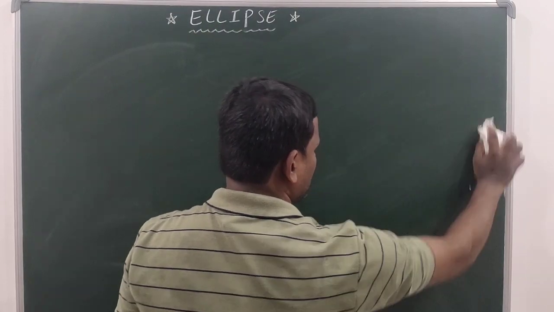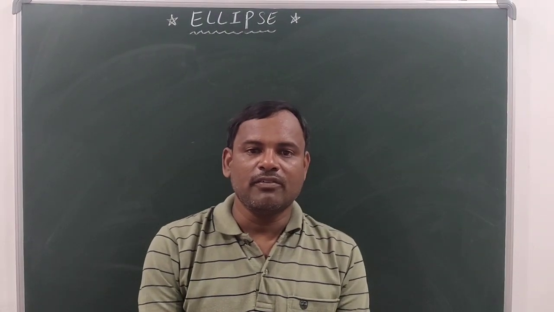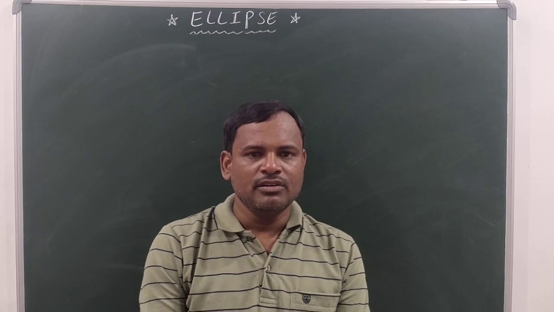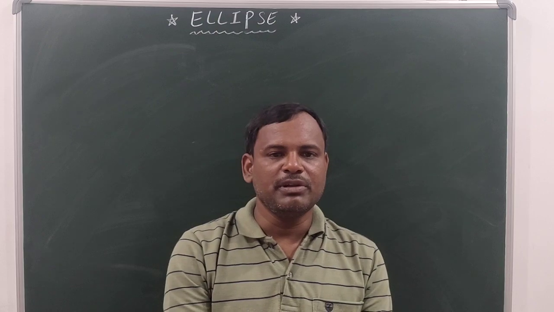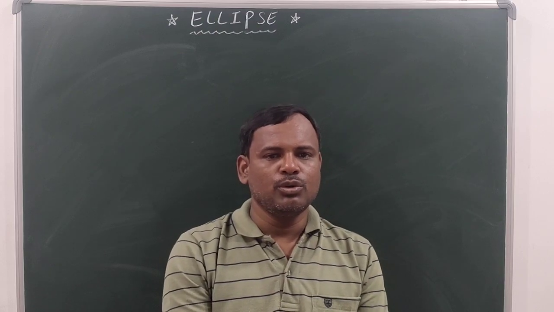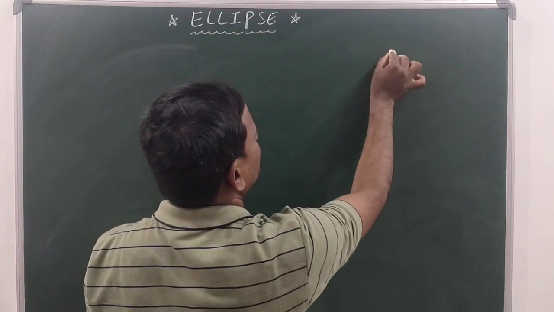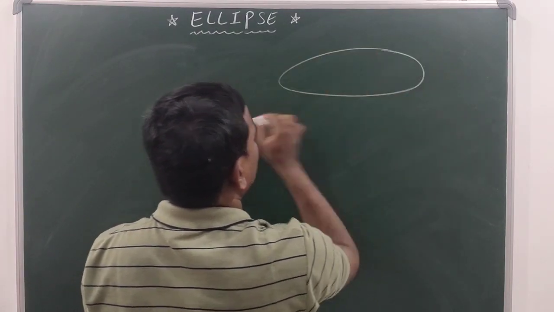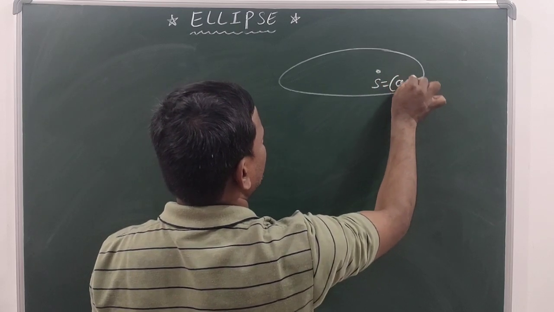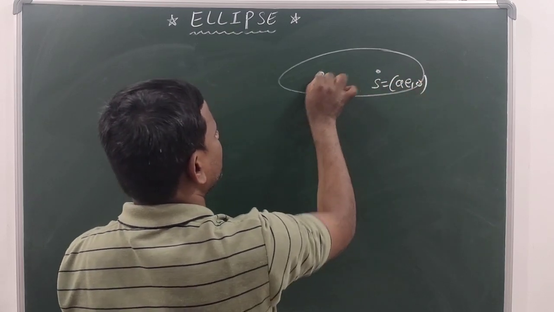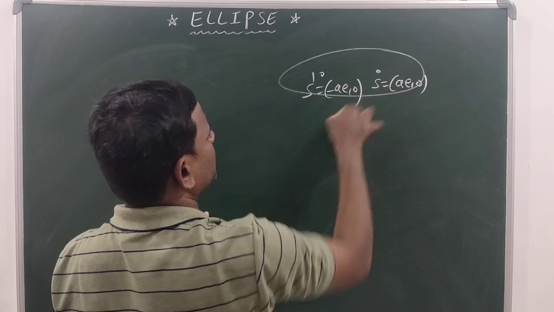Now I am going to derive the standard form of an ellipse equation. For that I want to use this previous relation, SP plus S dash P is equal to 2A. Students, you know this diagram. S coordinates you got (AE, 0) and S dash (minus AE, 0).